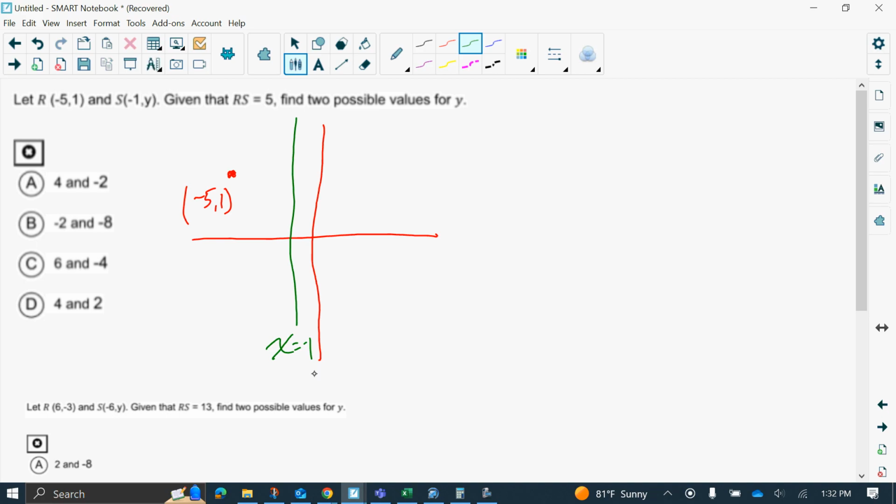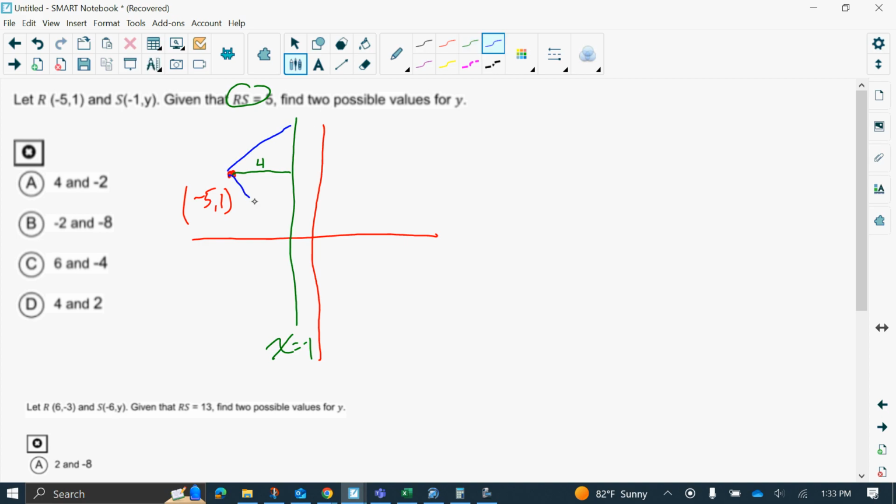Now, how far is it from this point to here? Well, from -5 to -1 is a distance of 4. Now, they tell us that the distance from this point to our other point is 5.